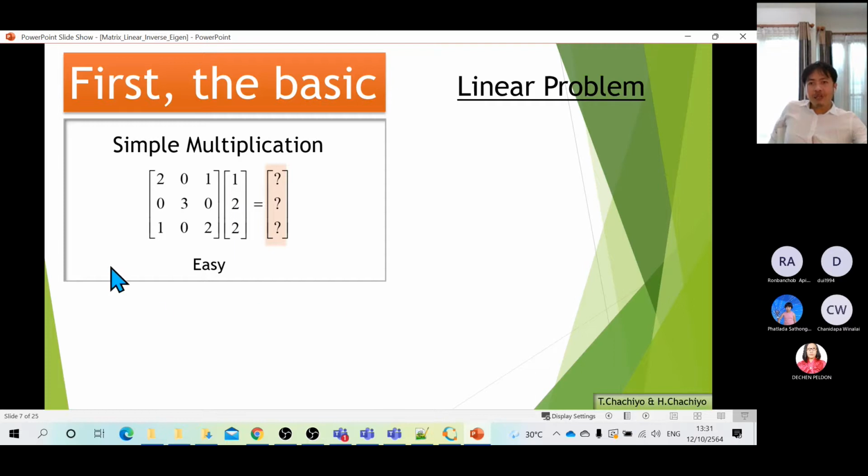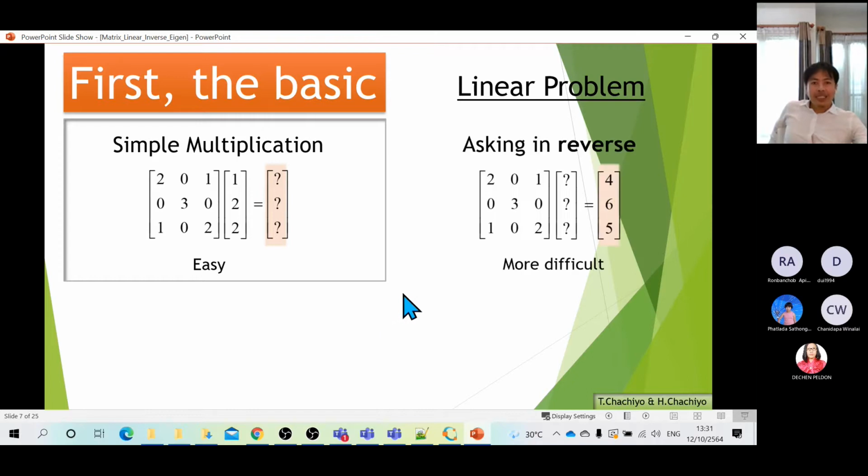What do we get? This is a very easy problem. But suppose we ask in reverse. Suppose the initial information of this problem is instead on the right-hand side of the multiplication. We have 4, 6, 5. Then we ask in reverse, what would be this vector? This is much more difficult to do, and we call that a linear problem.